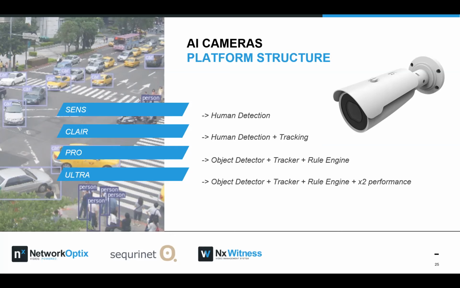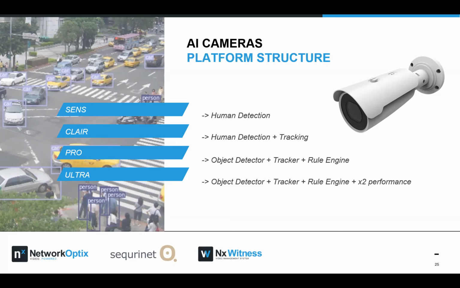The Pro range has object detection and tracking. That means it doesn't only detect humans, but also cars, bicycles, etc. And it does tracking of that as well. And you can add a rule engine to it, so you can add an additional license out of that growing list of licenses I showed you before, to download into the camera.